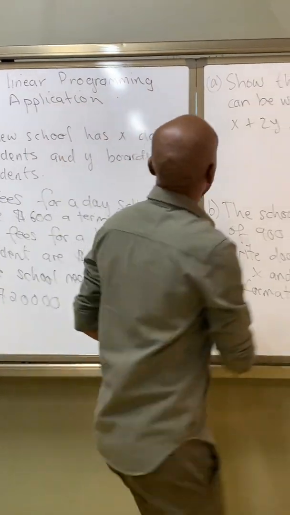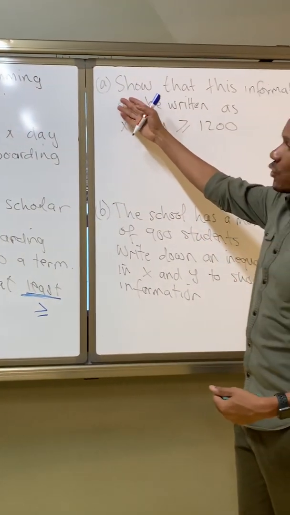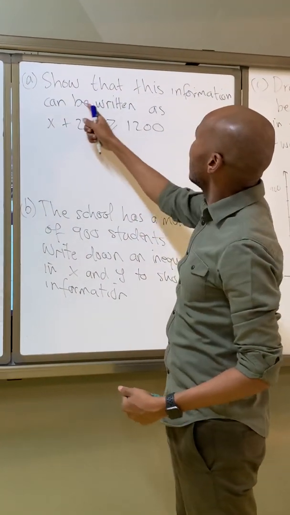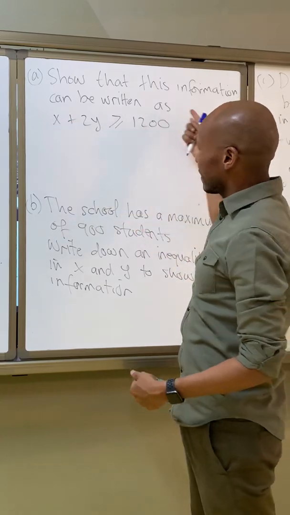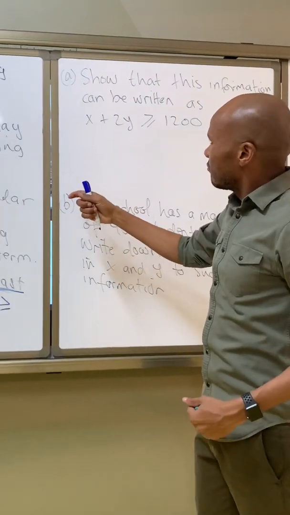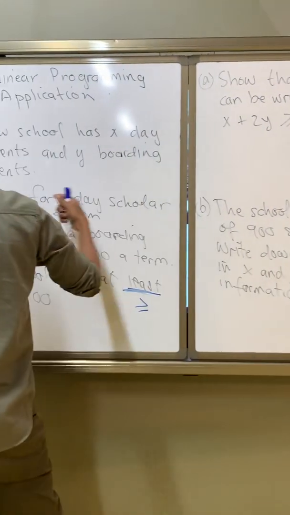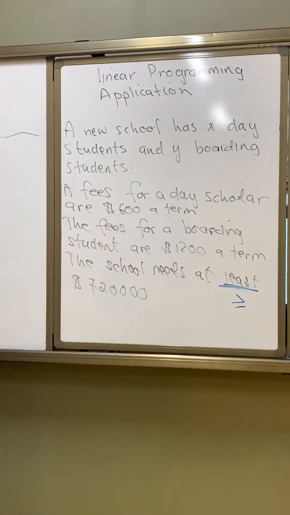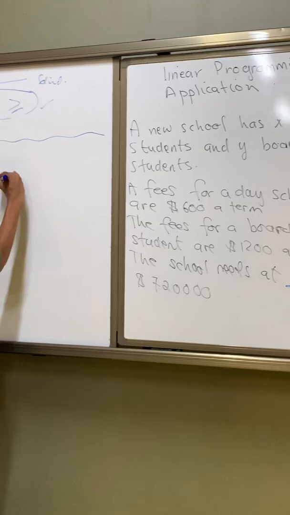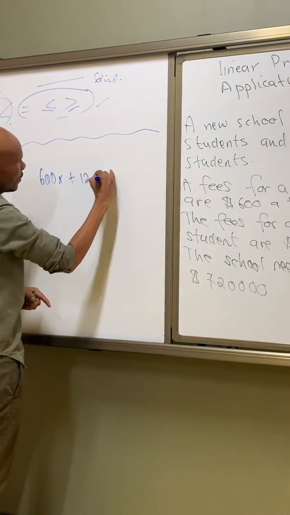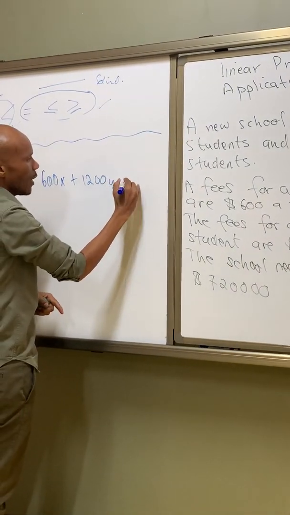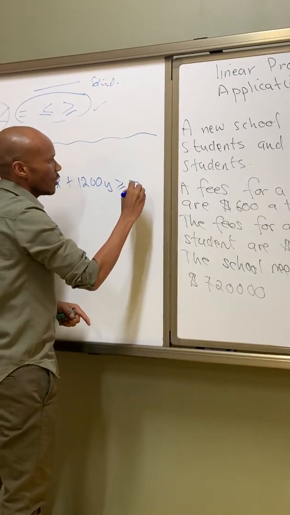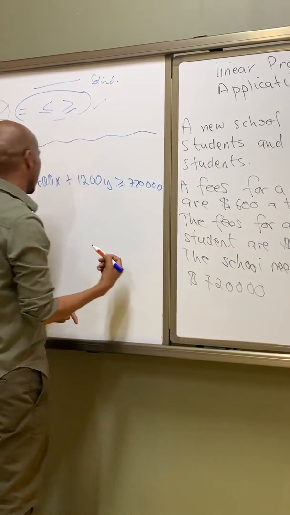Let's go to question A here. It says, show that this information can be written like this. Initially, we know that we have 600 and 1,200. So let me just write it here. 600x plus 1,200y should be greater than or equal to 720,000.